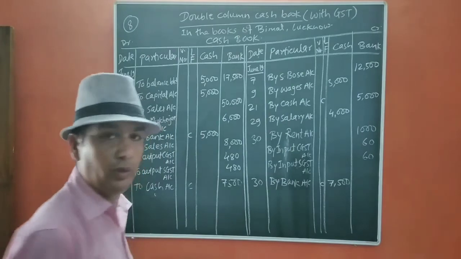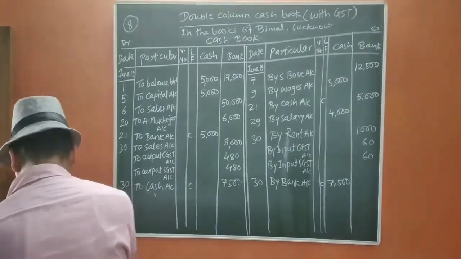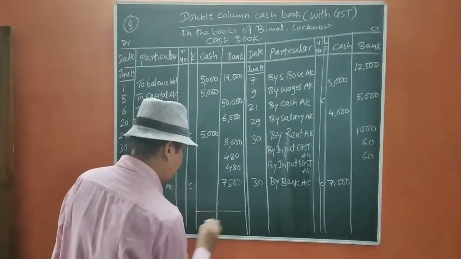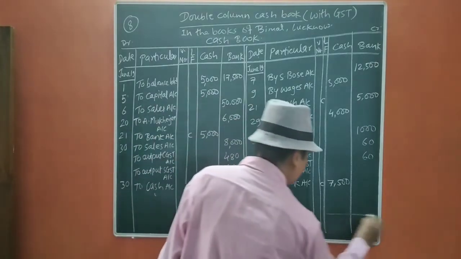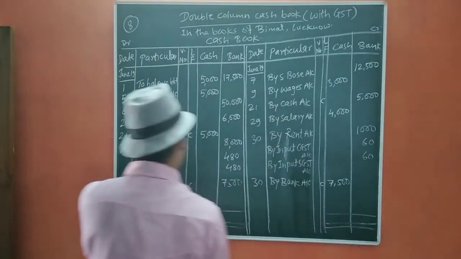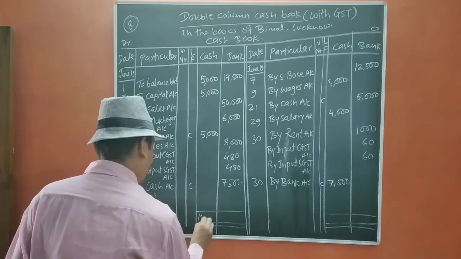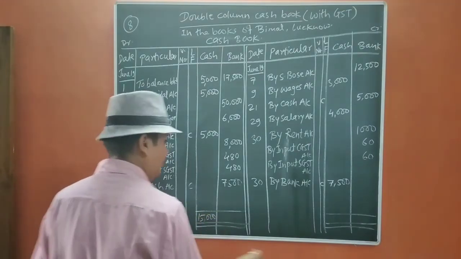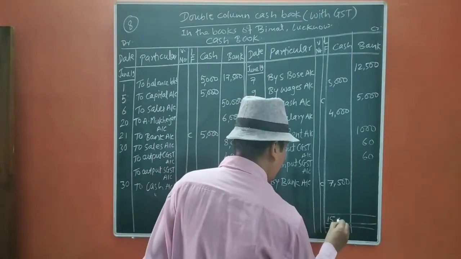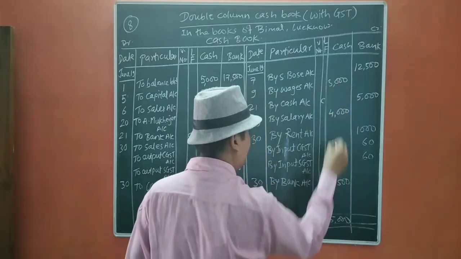Okay, now we are going to close it. Let us start closing. 15,000, 15,000, 4, 3, 7, 14,500.